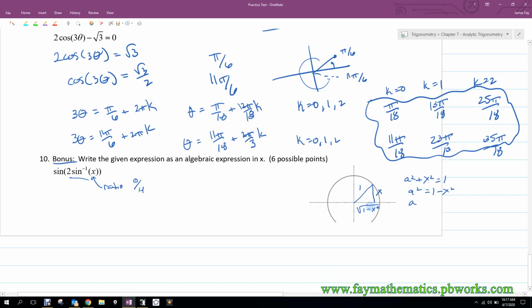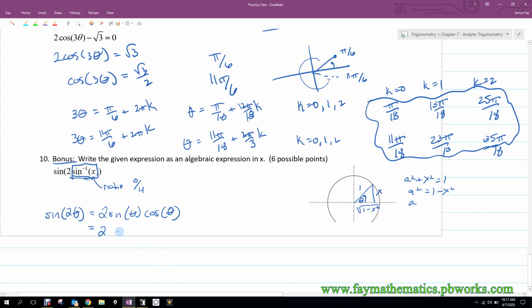Okay, so that gives me this angle here of theta. So what I'm going to write here is sine of 2, but now this thing here is this theta. So I write 2 theta. Well, what's that? That's a sine double angle formula. So that's 2 sine of theta cosine of theta.